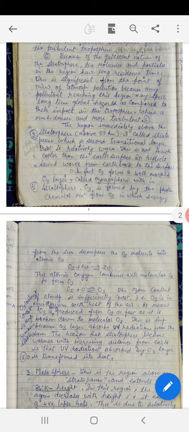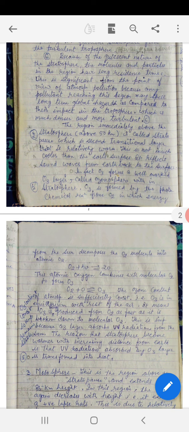This is the region above the stratopause and extends up to 80 km in height. In this region, the temperature again decreases with height, that is, it exhibits a positive lapse rate. This is due to the relatively low levels of oxygen and other species that can absorb ultraviolet radiations from the sun.